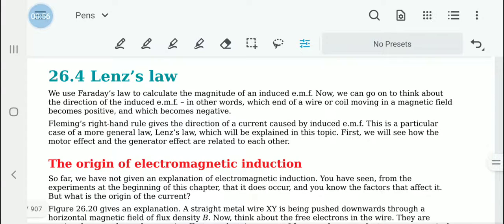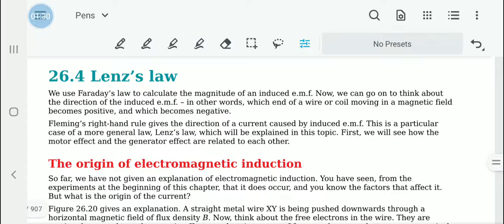If we use Fleming's right hand rule, it gives us the direction of the current that is caused by the induced EMF. But this is considered a general law, which is not exactly what we use to talk especially about EMF.